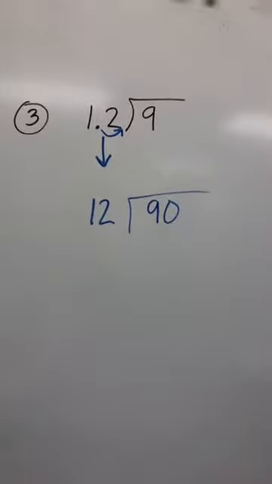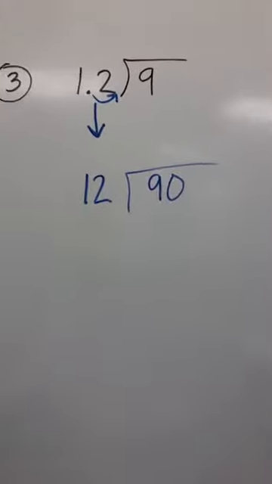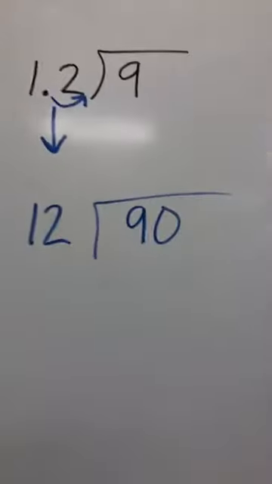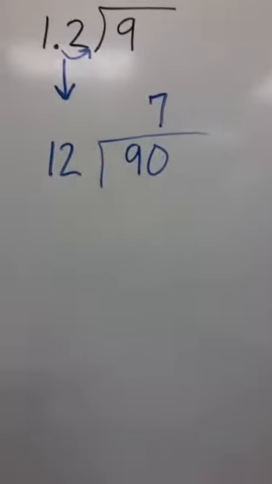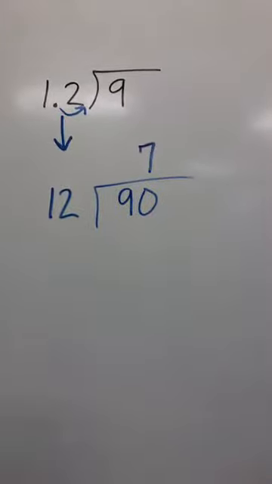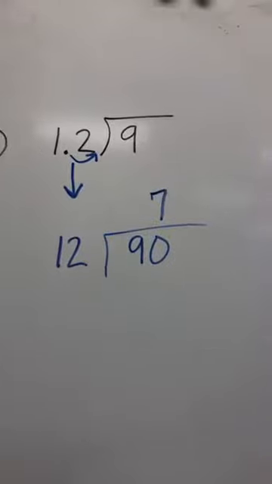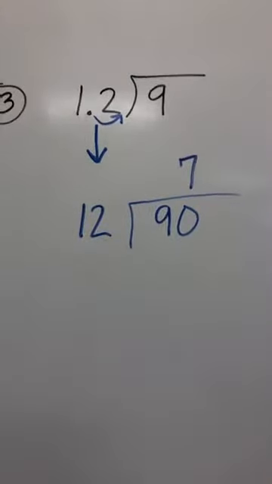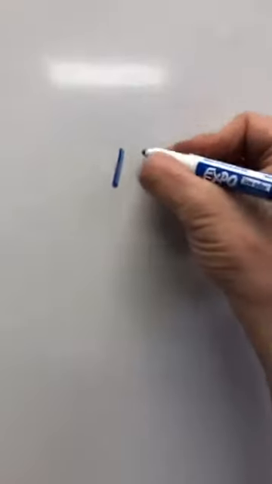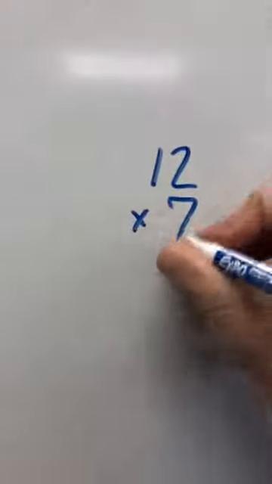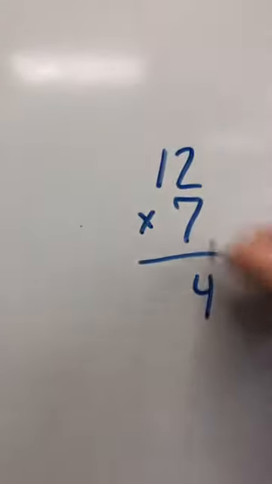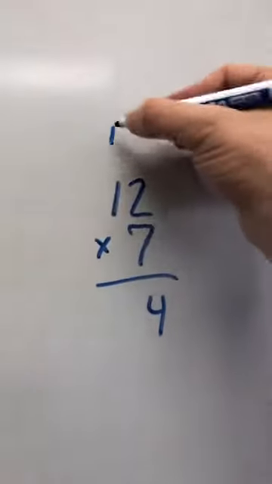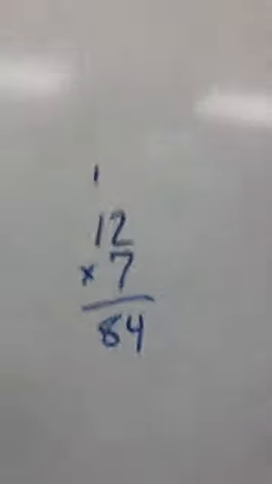How many times does 12 go into 90? It goes in 7 times. A lot of times, I will tell my students who are not really sure of their division facts to go over to the side, take the 12 and multiply it by the 7 just to double check. 7 times 2 is 14. 7 times 1 is 7, plus 1 is 8, to get you the 84.